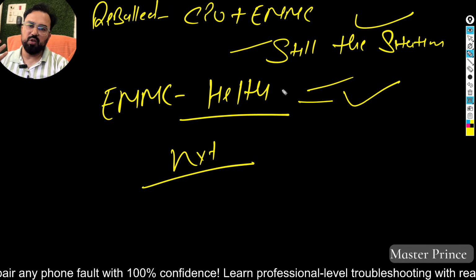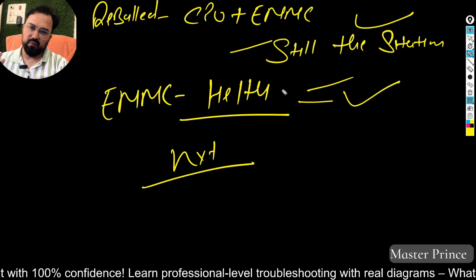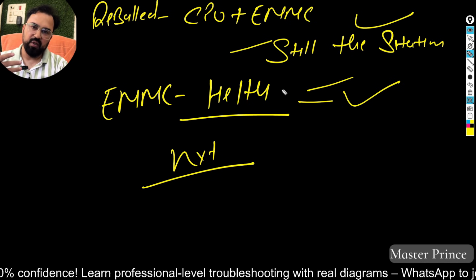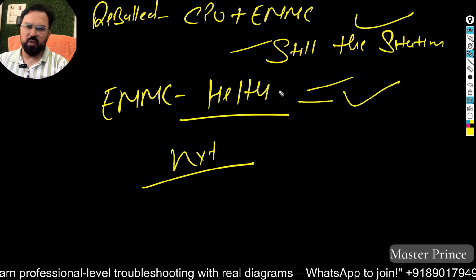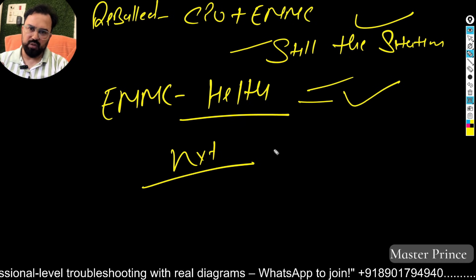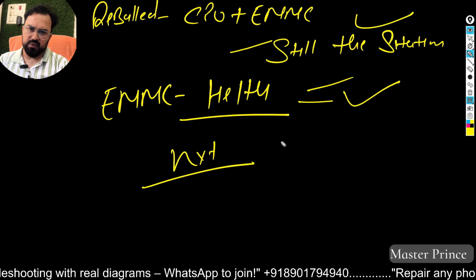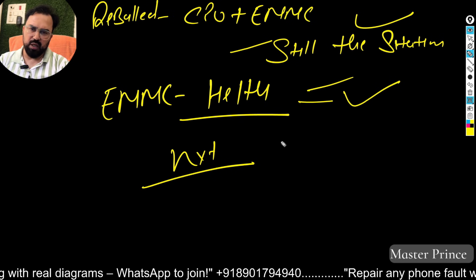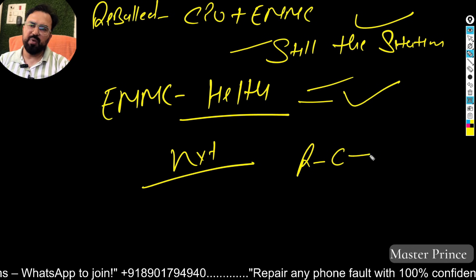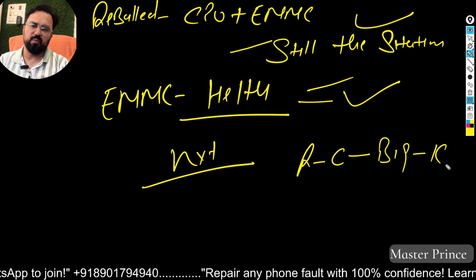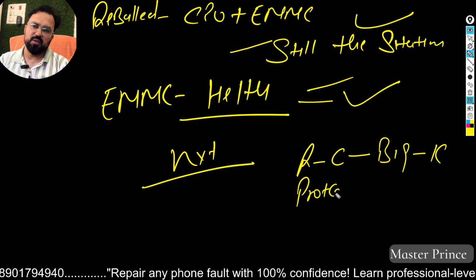That time your knowledge and experience will help you and be counted. So today we discuss this kind of situation. There are multiple reasons behind dead phones. First of all, there are multiple reasons, not just a single resistor or capacitor, but a big IC like your CPU, eMMC, or protocol lines can be responsible.